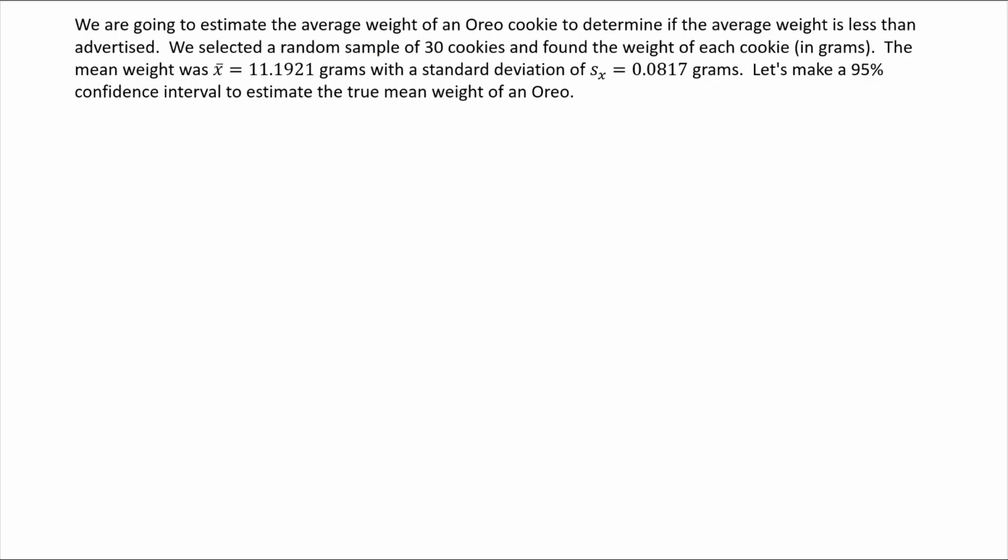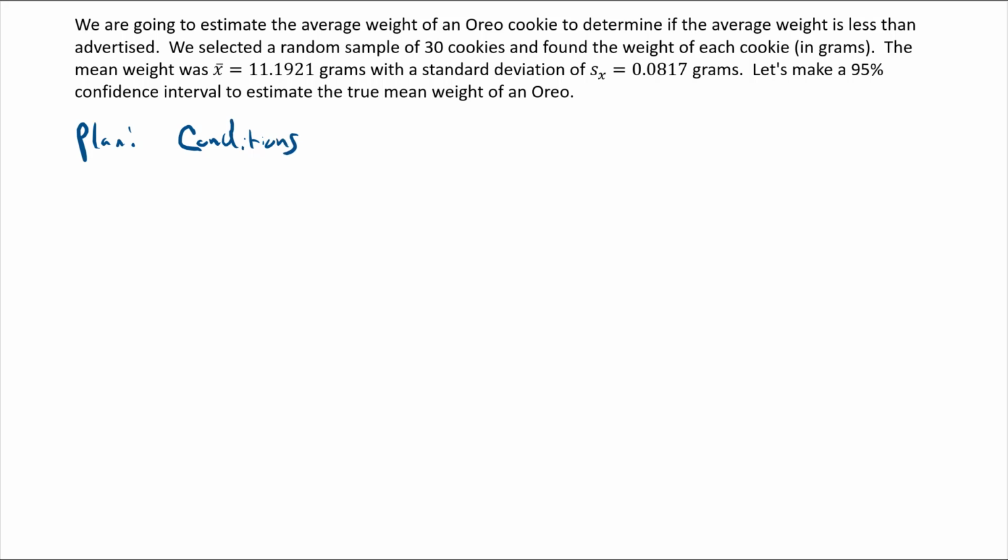Alright, so we're going to go with plan. In this case, we have 3 conditions we need to meet. So let's write conditions right here.